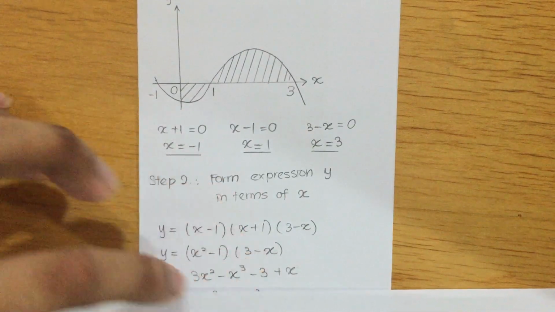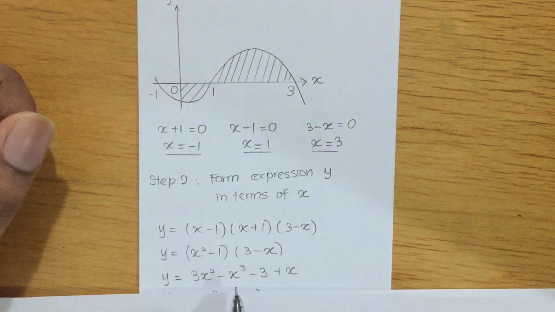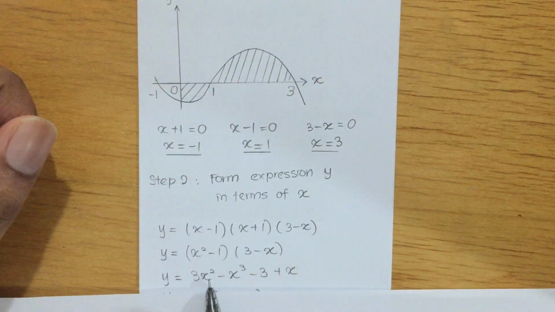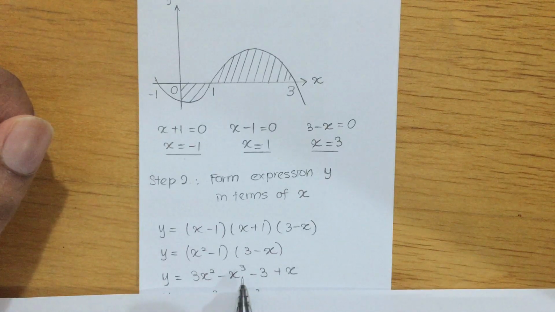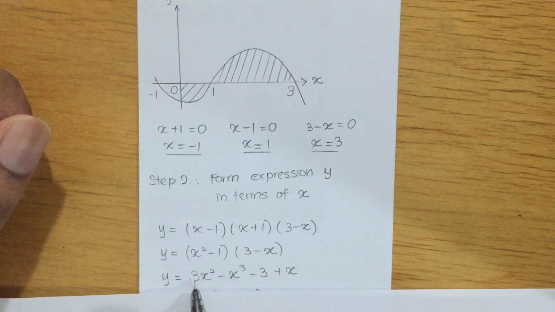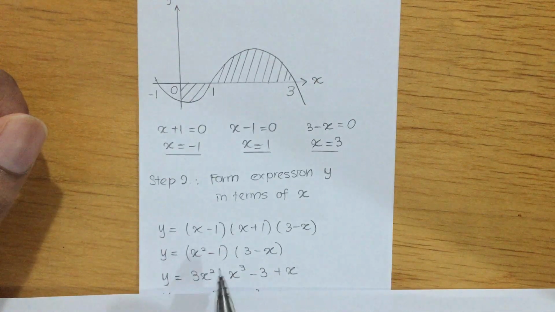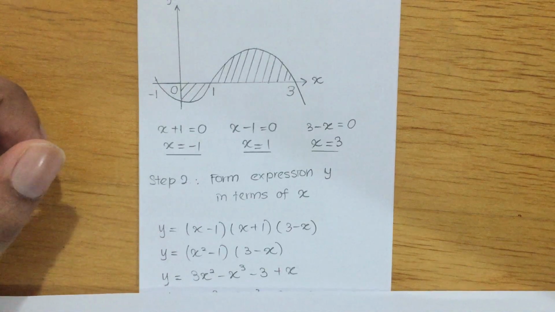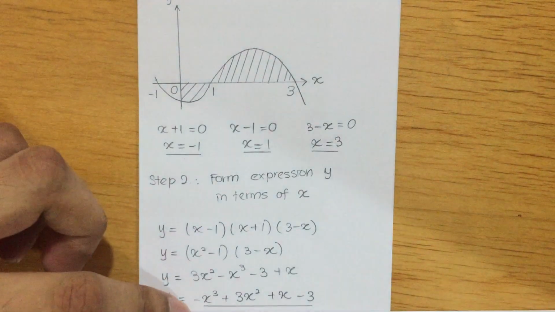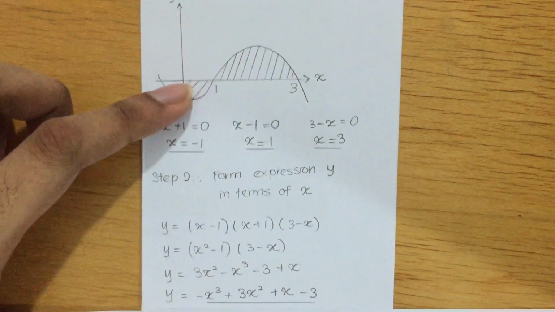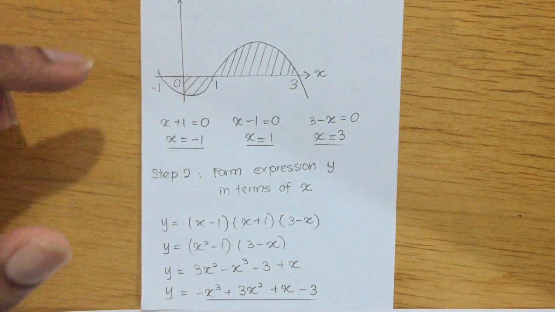Since this equation is a bit unorganized, we're going to rearrange it in descending order, which is the degree of power of 3, 2, 1 and followed by 0. So from here, y equals negative x cubed plus 3x squared plus x minus 3.